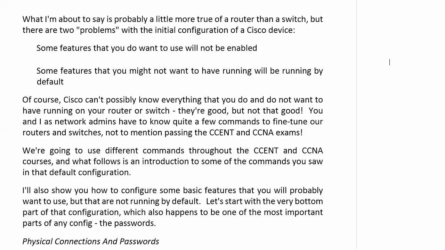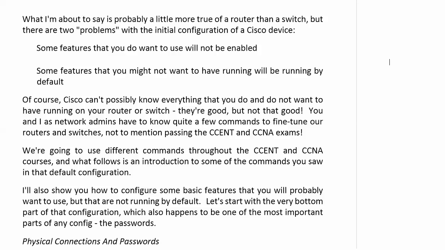And of course, this makes perfect sense because as good as Cisco is, and as advanced as routers have gotten, there's no way that they know exactly everything that we want in our particular network to be running and not running. Makes perfect sense. So it's up to you and I, as the network admins, to be able to fine-tune our routers and switches, and we've got to know quite a few commands to do that.